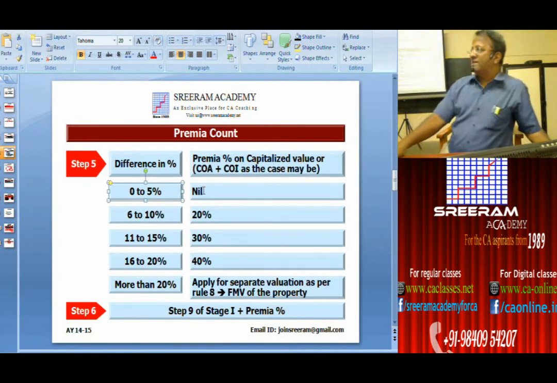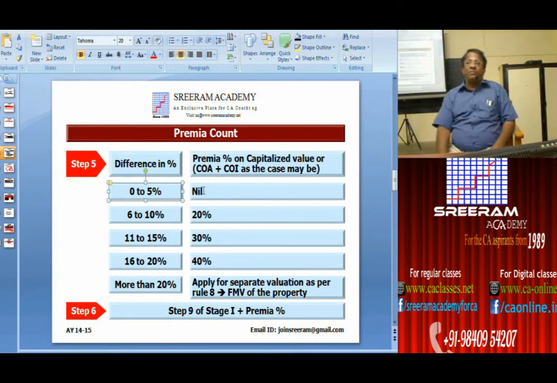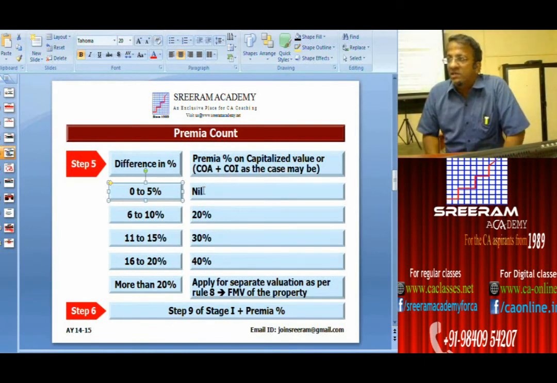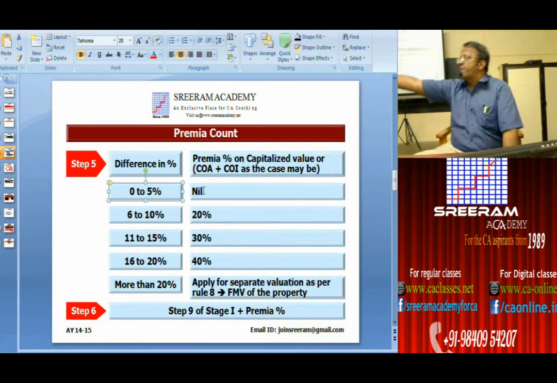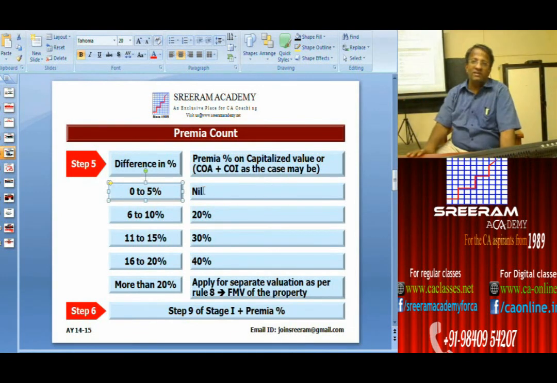See, people might ask this question, sir, what is the problem in taking up the cost of acquisition and cost of improvement as the value of the asset directly? People might ask this question, what is the value of the property? What is that people will be telling? The cost of acquisition plus cost of improvement should be the value.